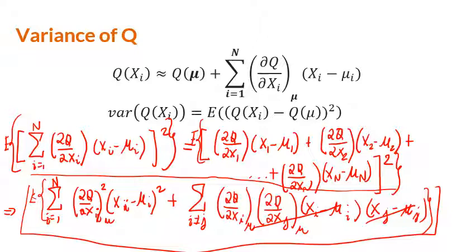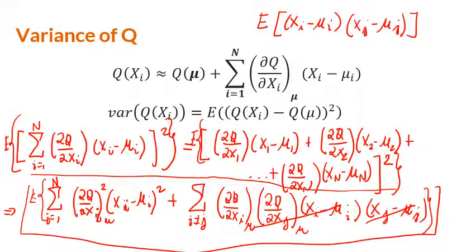And another thing, if we consider the expectation value of xi minus mu I times xj minus mu j, we also assumed earlier na yung variables natin na x, they are independent from each other. Therefore hindi sila correlated with each other. So yung expectation value ng product nila is equal to 0 kasi hindi sila correlated sa isa't isa.